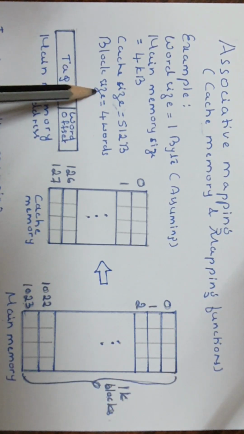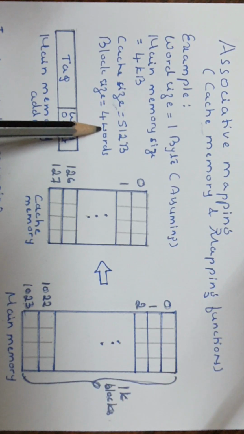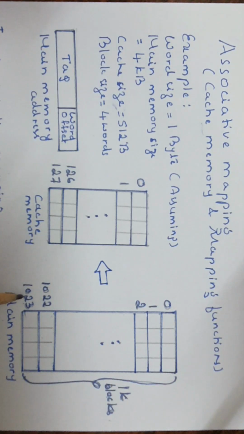So how many blocks can be made? 4 KB divided by 4 B comes out to be 1K, that is 1024 blocks. In each block, 4 words, that is 4 bytes, will be there. So 1K into 4 bytes is in total 4 KB main memory.